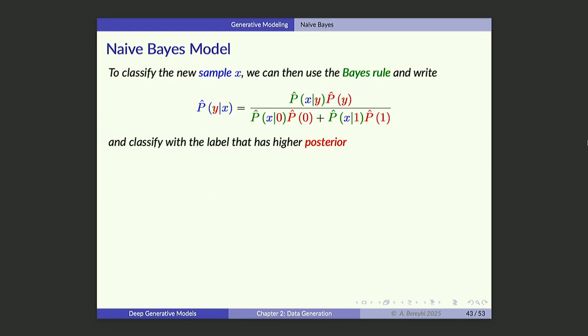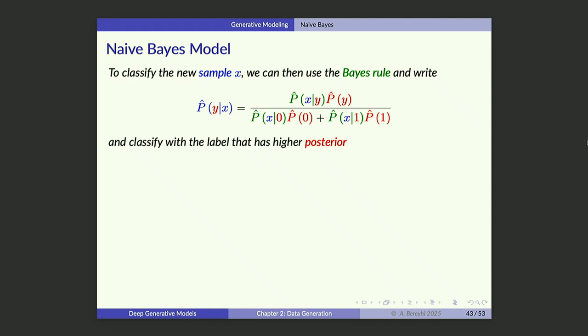If I want to know the chance of a particular label given the image I'm seeing, then in the numerator I take this approximation and multiply it with the approximation of the prior. In the denominator, I take the same thing for both labels, multiply with the prior of the label, and sum them up. Then this is the probability of label 1 and 0 given your image.